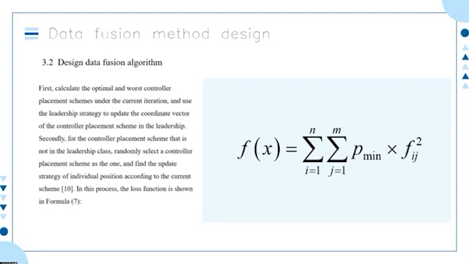The secondary, for the control placement scheme that is not in the leadership in class, reasonably select a control placement scheme as the one and find out the strategies of individuals' positions according to the current scheme. In this process, the loss function is shown in formula.